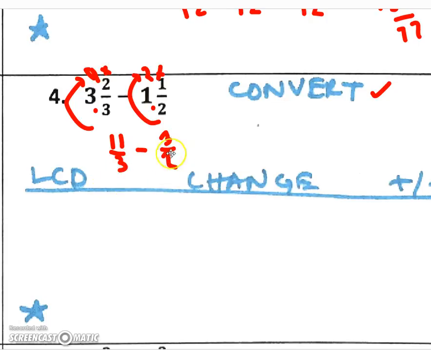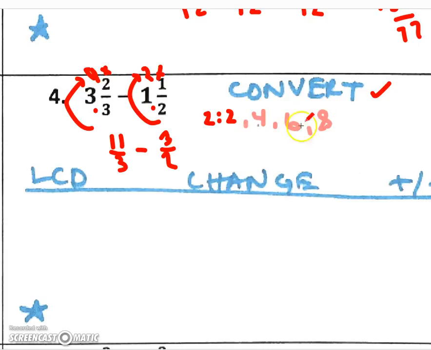I'm noticing that we don't have a common denominator right now. So I have to find a common denominator between 3 and 2. Well, I'm just going to do quickly, I'm going to count by 2's over here. 2, 4, 6, 8.